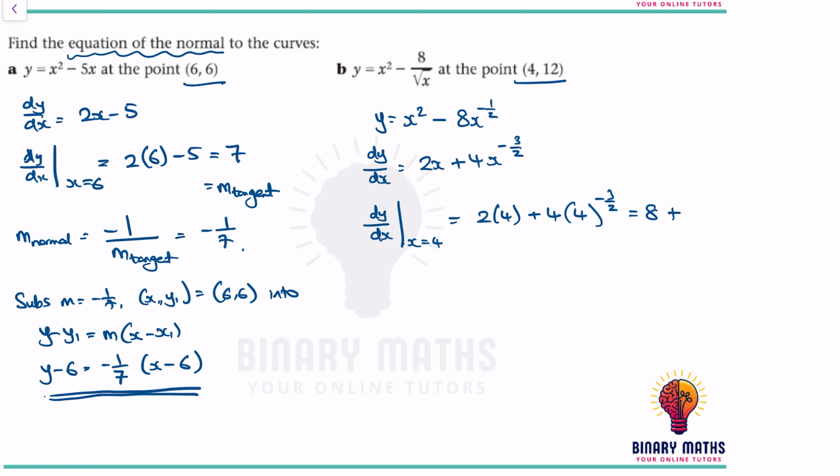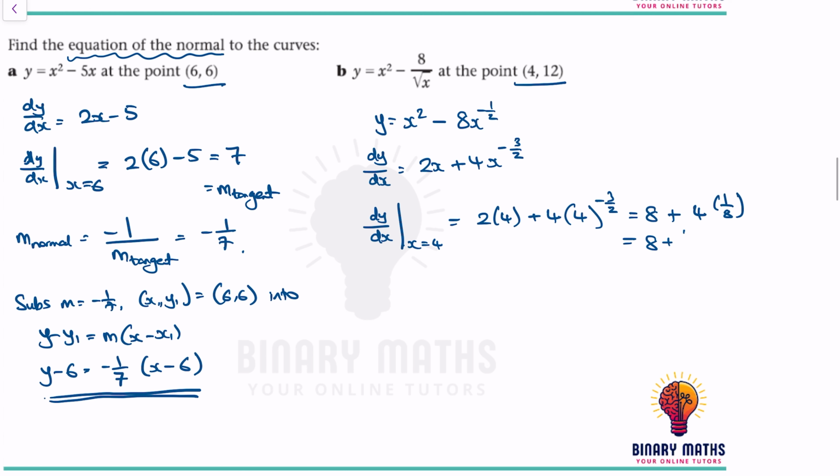Then cube it, which gives me 8. But because it's minus, so it's going to be 4 times 1 over 8. That is the same thing as 8 plus a half, which is the same thing as 16 over 2 plus a half, which is 17 over 2. This is the gradient of the tangent.